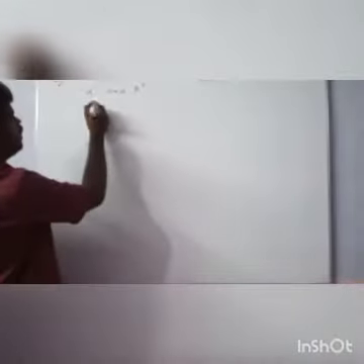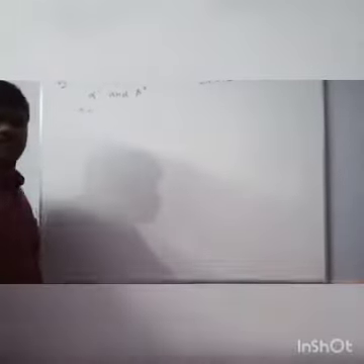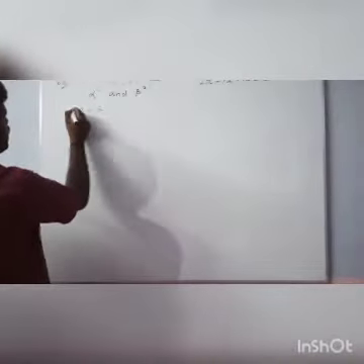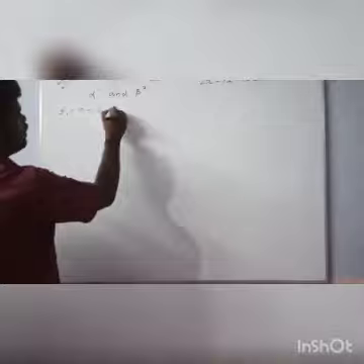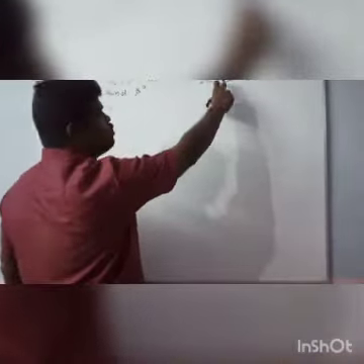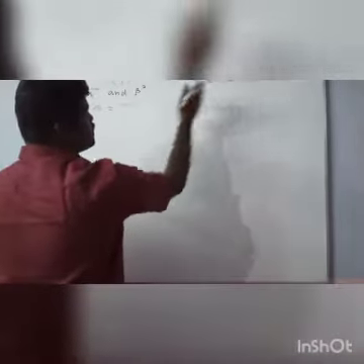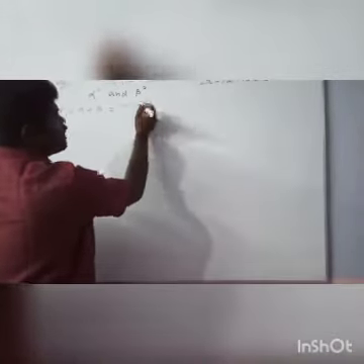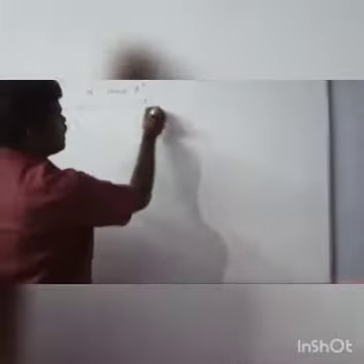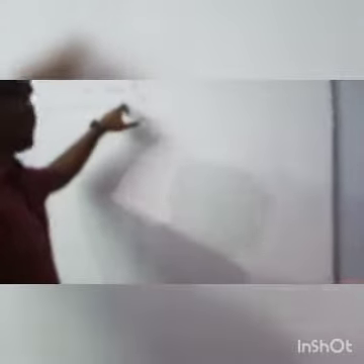Okay. Now alpha, beta are the roots of the equation. Alpha plus beta, this is summation 1, equal to what is the value? Take minus b, b means minus 7, divided by a, which is 2. The value of a is 2 and the value of b is minus 7 and the formula is minus b by a.